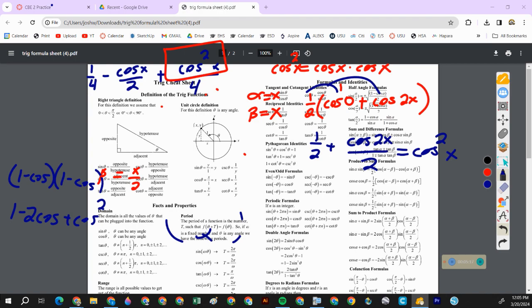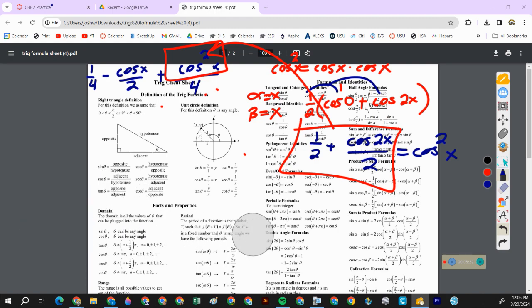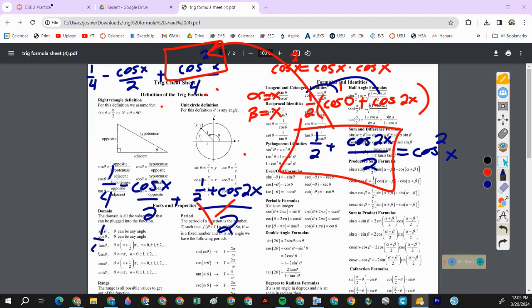So I need to insert this stuff right here. So my final answer is 1/4 minus the cosine of x over 2 plus 1/2 plus the cosine of 2x over 2. Divide each of those by 2. 1/4 minus the cosine of x over 2 plus, oh, that's a 4.